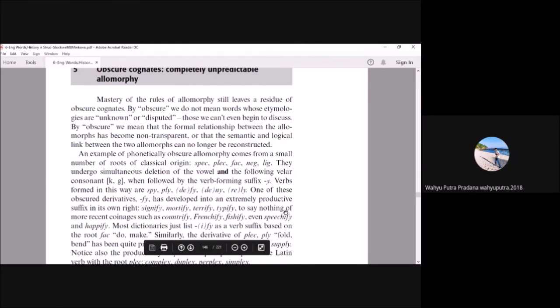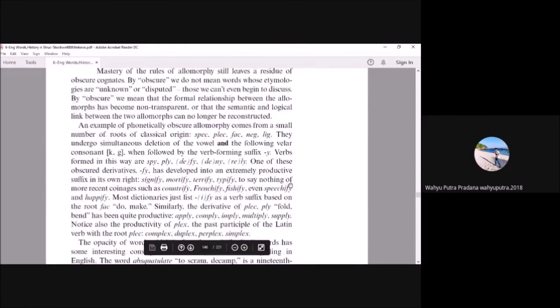And obscure here means words whose etymologies are unknown or disputed, and thus we cannot even begin to discuss them.